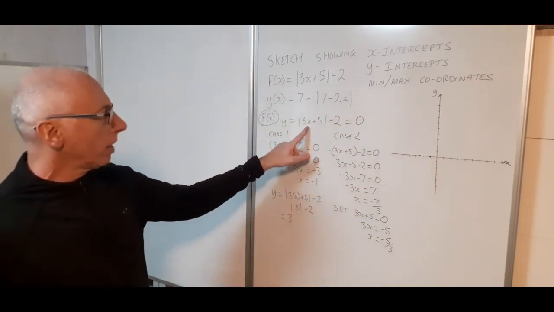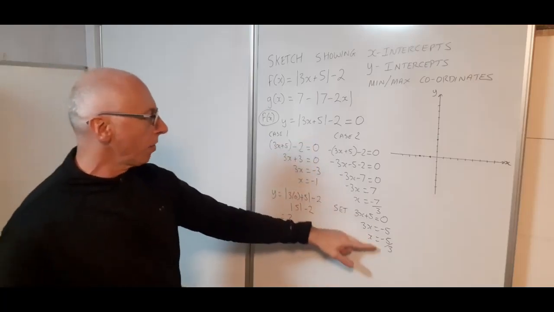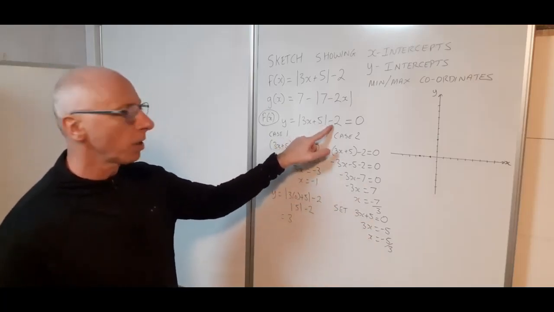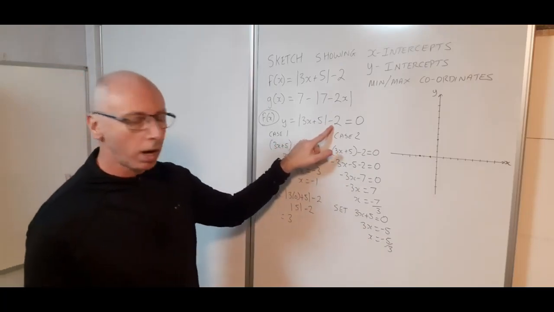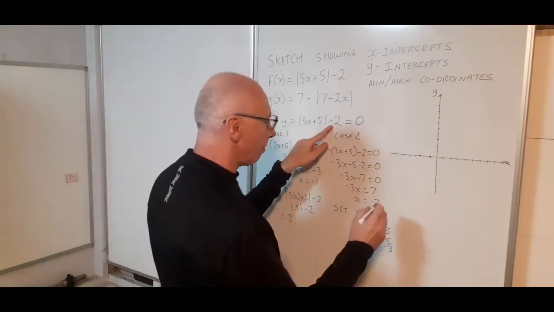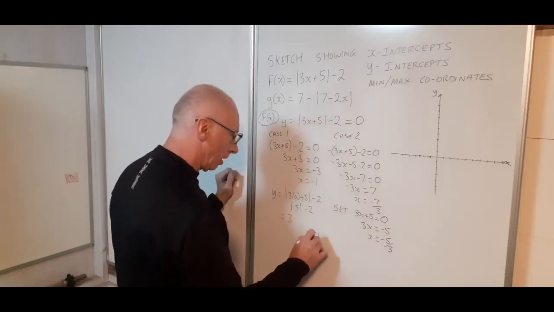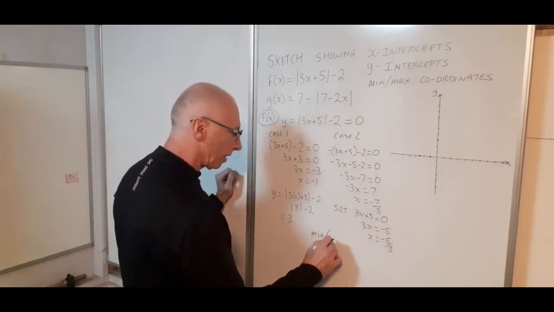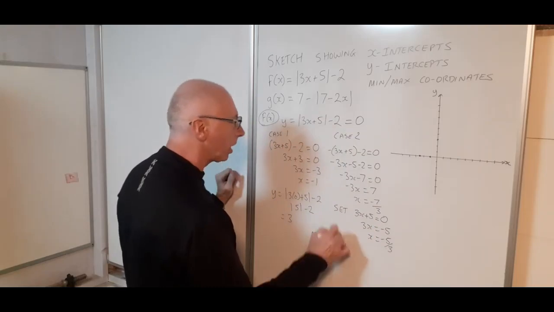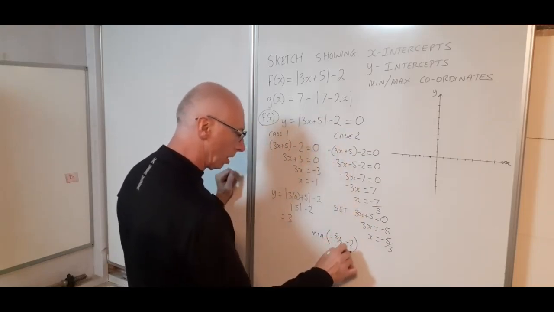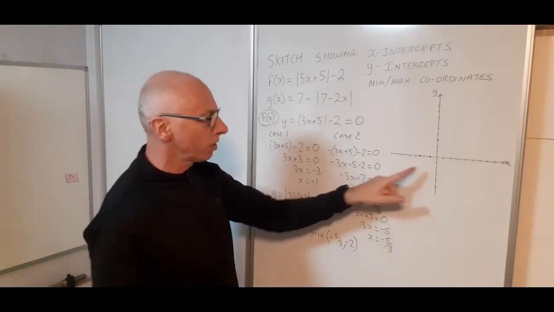So what do I have when x is -5/3? Well, I know this is 0, so I'm just left with -2 for my y value. So then my minimum, so just write that here, my minimum will be at (-5/3, -2). So that is going to be located somewhere here.